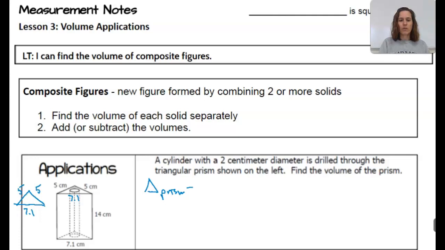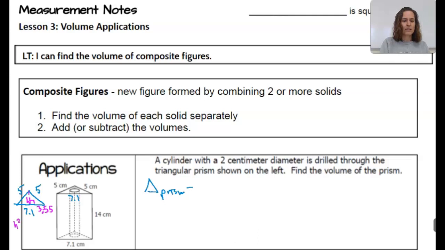To find the volume of the triangle, we have to create that height and figure out how long it is. So that height is cutting the base in half. So that 7.1 divided by 2 would give us 3.55 on each side. And then to find the height, we can use Pythagorean theorem.